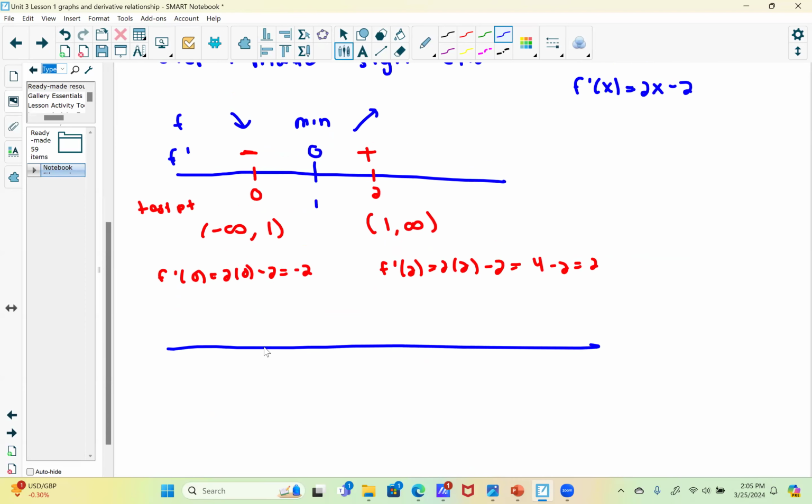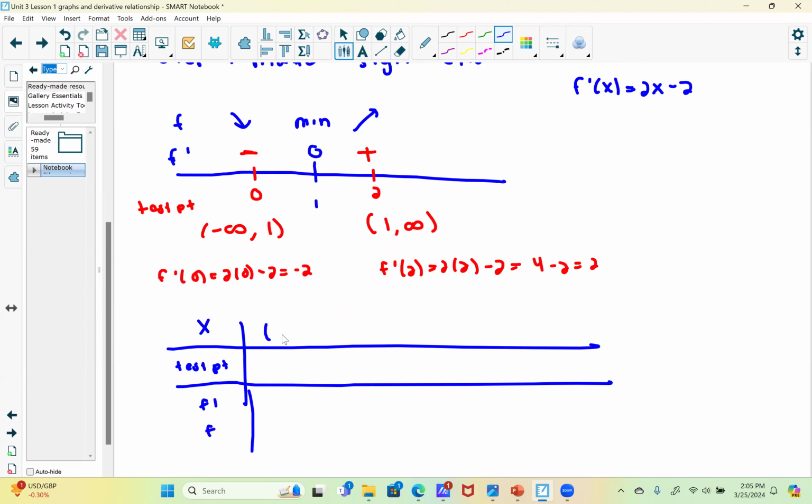And again, if you don't like that way, you can also do it this way. And sometimes with the first derivative test, they add a column for test point. So I'll do it this way too: x, f prime, f. So my intervals are negative infinity to 1, and 1 to infinity.